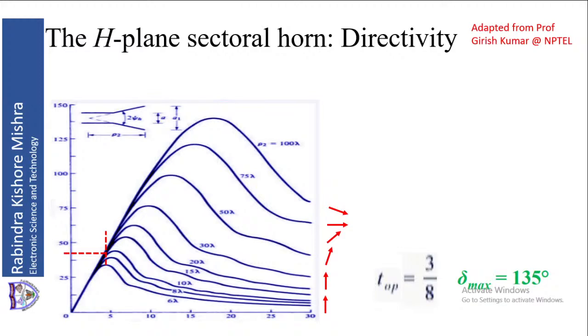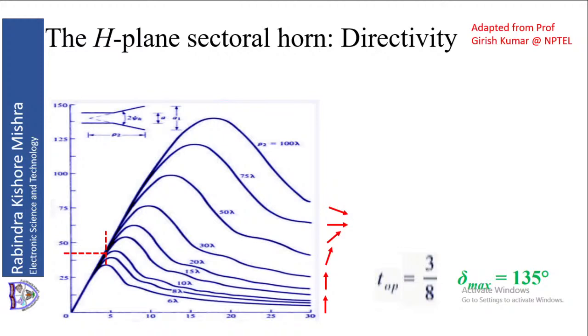Now, when you design an antenna, in the books it is written that we design it for the maximum directivity. So look at one of these curves. I am considering the bottom curve. Wherever you have the maximum directivity occurs for T optimized equal to 3/8.